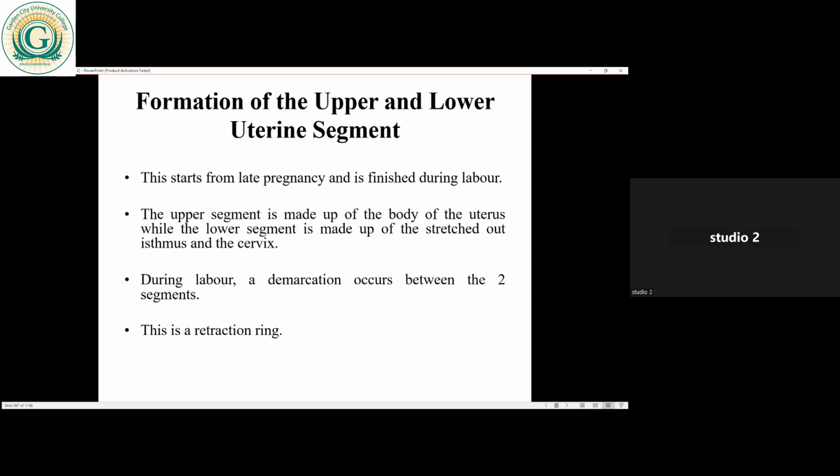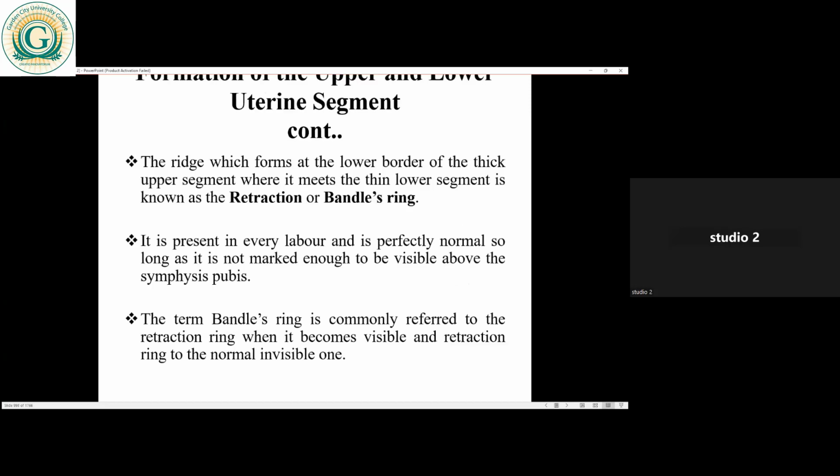It's like a boundary between the lower uterine segment and the upper uterine segment. That demarcation, we call it a retraction ring. And the ridge, which forms at the lower border of the thick upper segment, where it meets the thin lower, is known as a retraction or Bandl's ring.